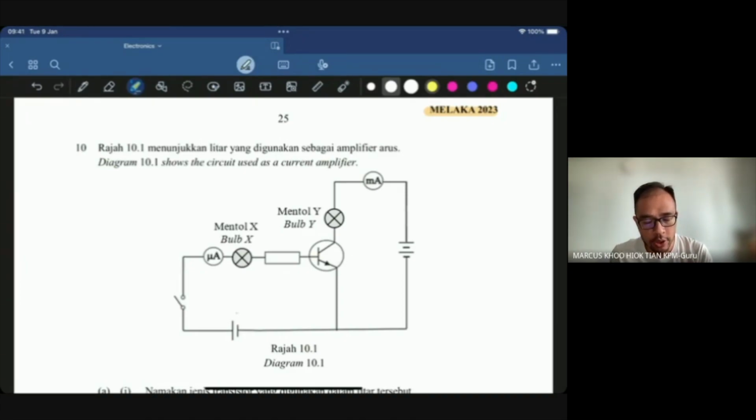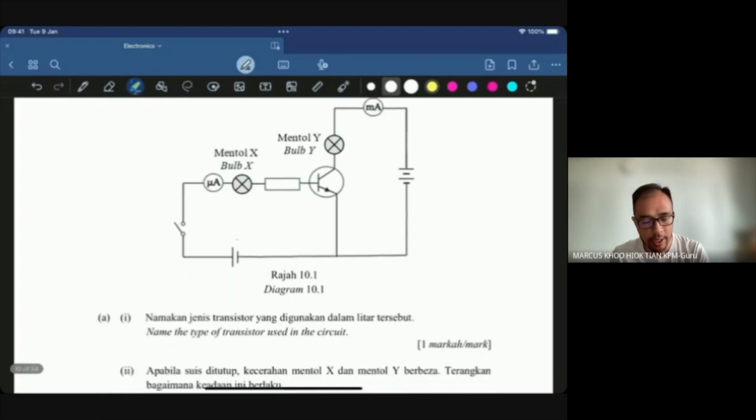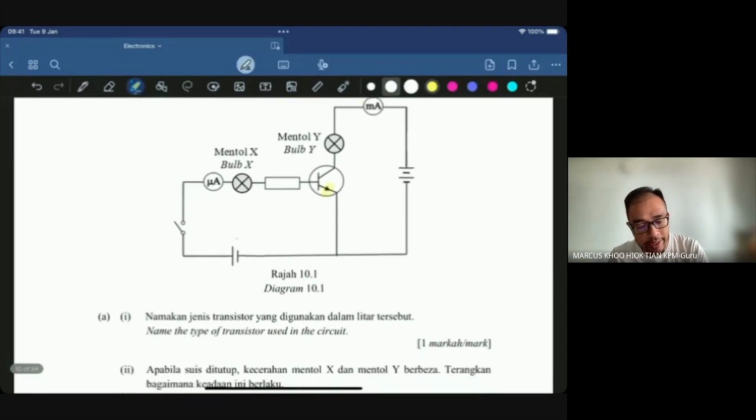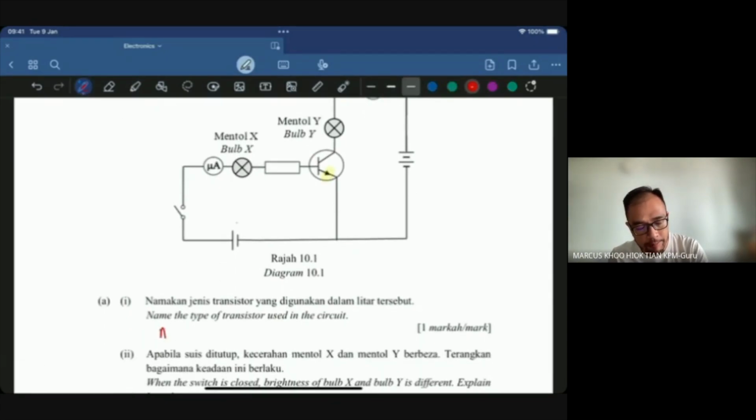Diagram 10.1 shows the circuit used as a current amplifier. Name the type of transistor. The downwards arrow tells you that it's an NPN transistor. If it is an upwards arrow, this is a PNP transistor.